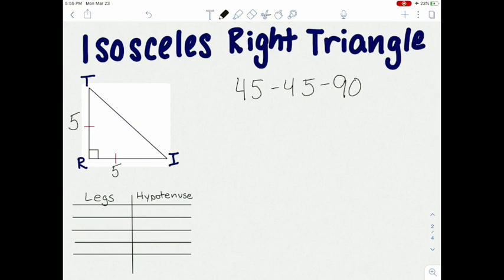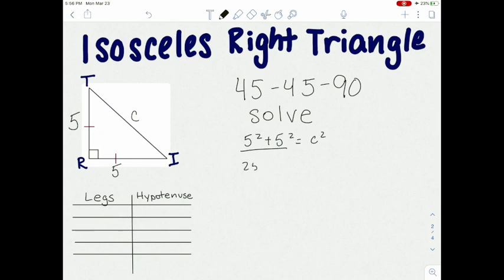And now that I know that, I can go ahead and find line segment TI. Is TI a leg or a hypotenuse? It's a hypotenuse, meaning it's going to be represented by C when we use the Pythagorean theorem. So we're going to now solve for C. And we're going to do 5 squared plus 5 squared equals C squared.